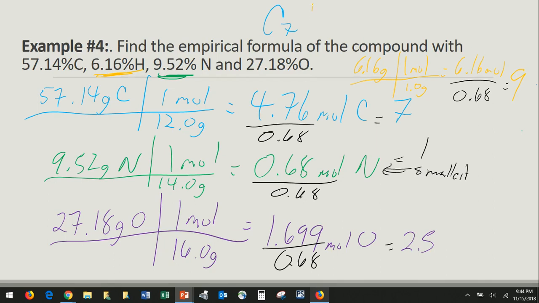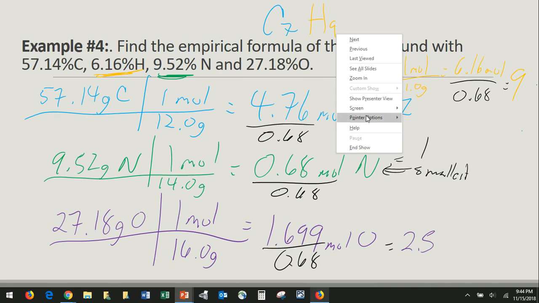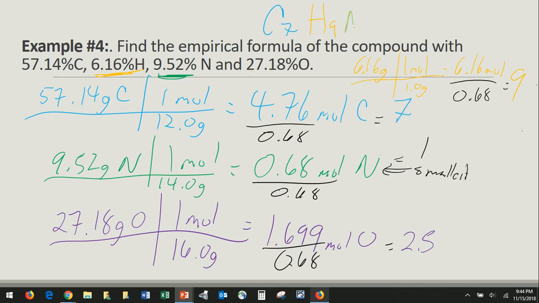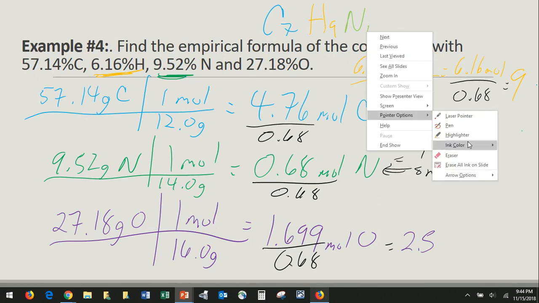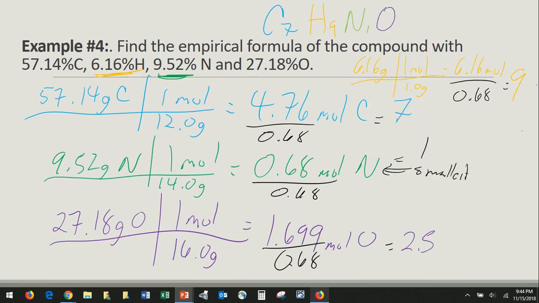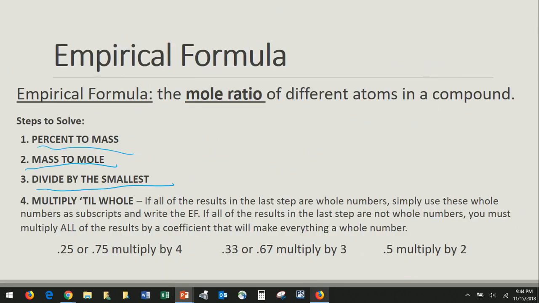So it's C7H9N1, and then O 2.5. So this works pretty well, except for the fact that our O is not a whole number, it's a fraction. So we need to multiply all those by something to get them into whole numbers. And if you want to memorize this, you can.